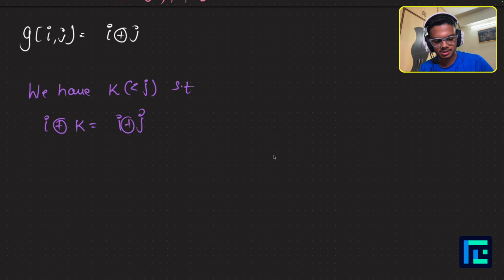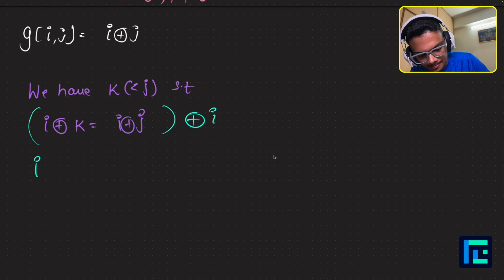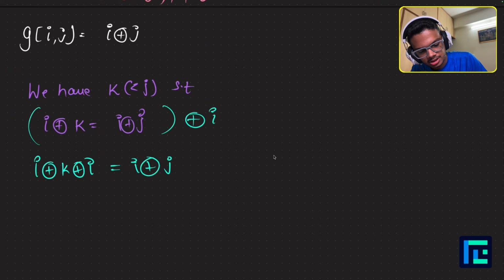You have this equality here. Now let's take XOR of i on both the sides. If you take XOR of i on both the sides, what you get is i XOR k XOR i, and you get i XOR j XOR i.